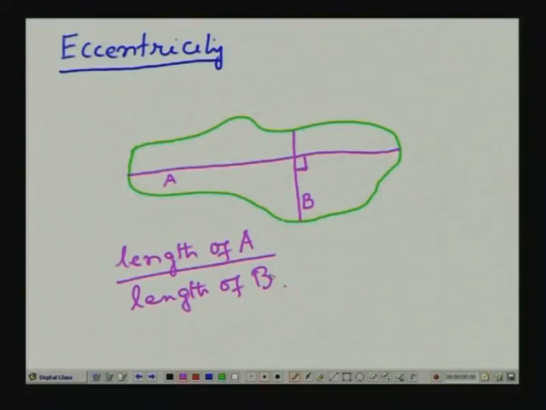So, this eccentricity can also be used as one of the shape descriptors, and as you see, it is also a region based descriptor. Of course, a similar descriptor I can also obtain from the boundary of the region.